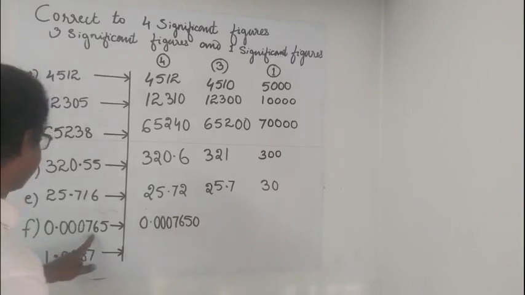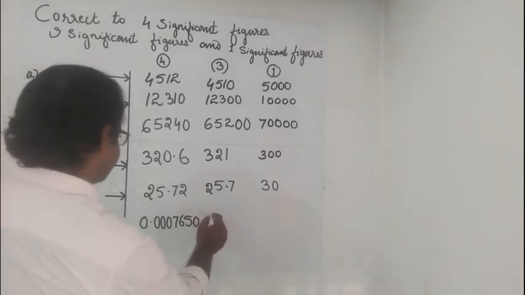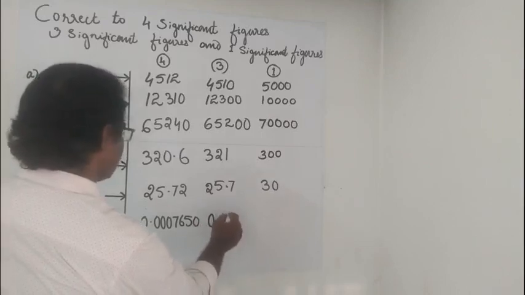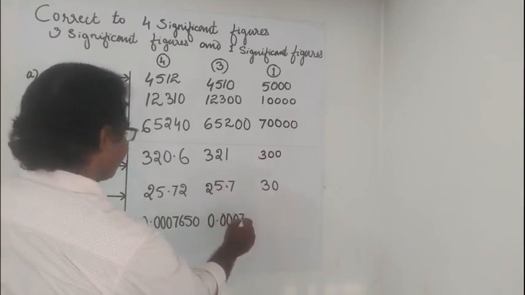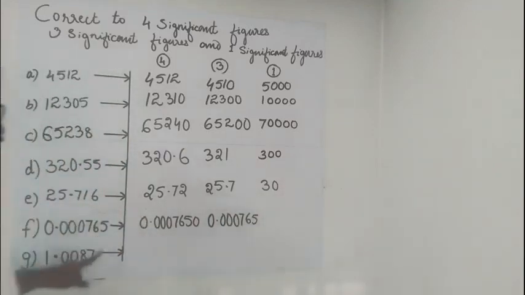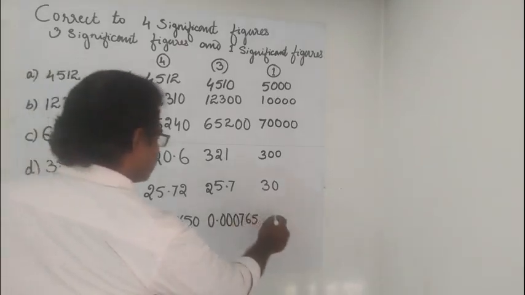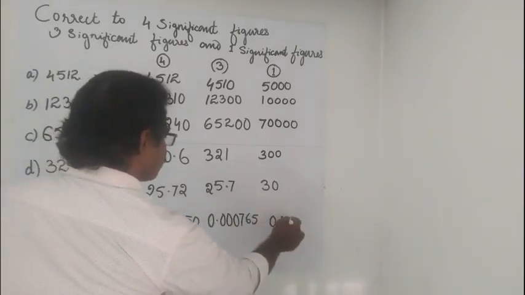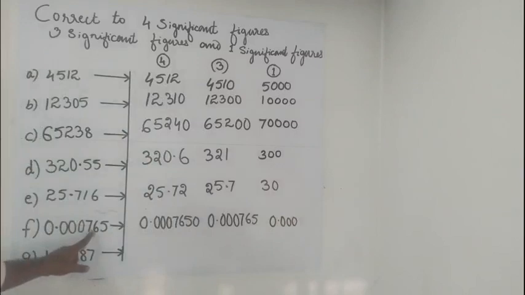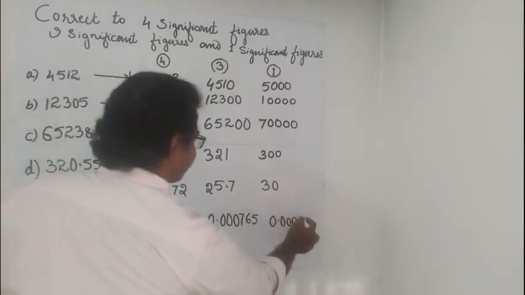So simply write down the 3 significant figures as they are, 0.000765, isn't it? Next 1-digit number. Here this becomes 1, isn't it? 6 is greater than 5. After 7 is 6. So we have to add 1 to this number. So simply write down 0.000, here becomes 8. So just write down 8.